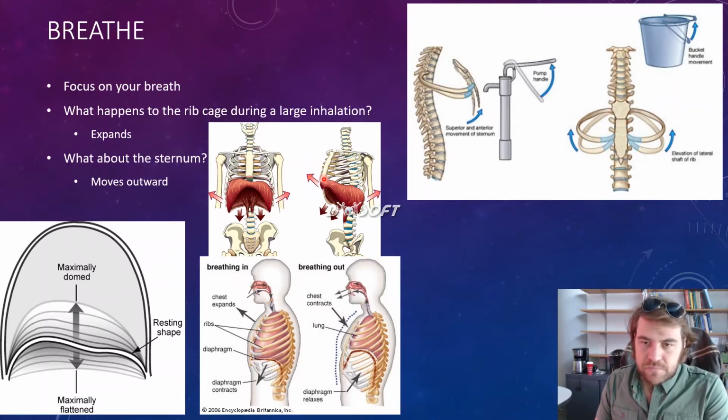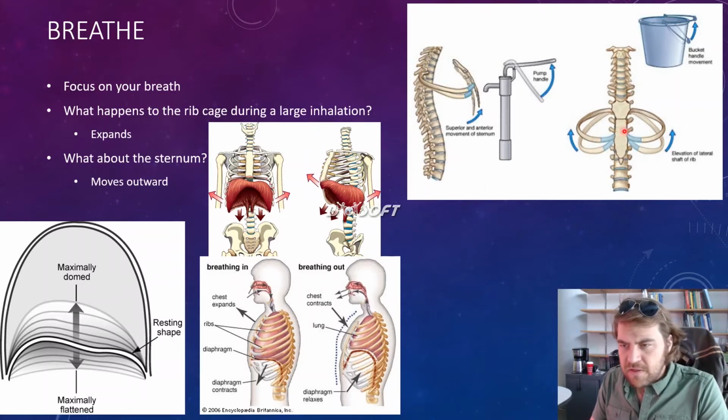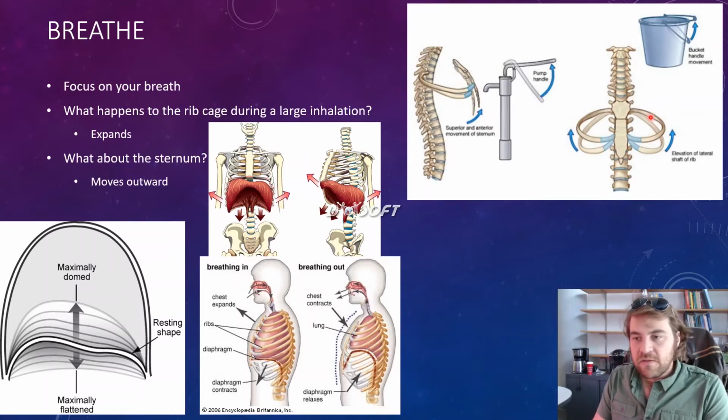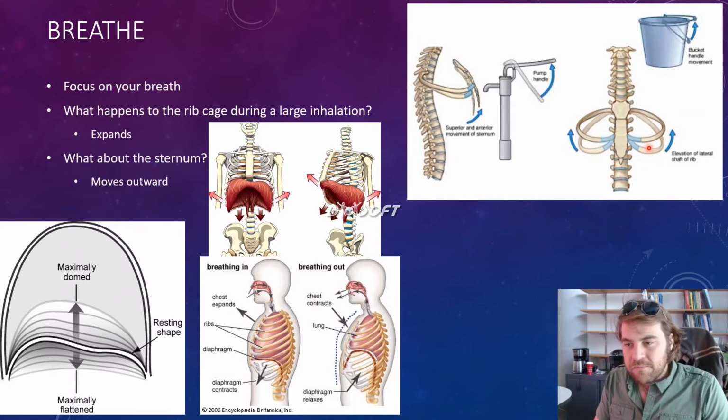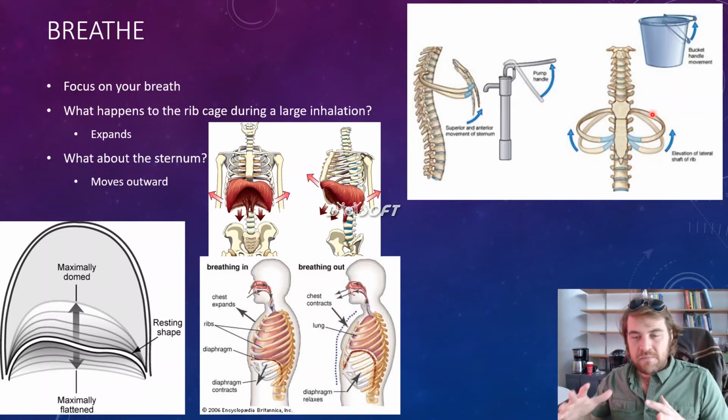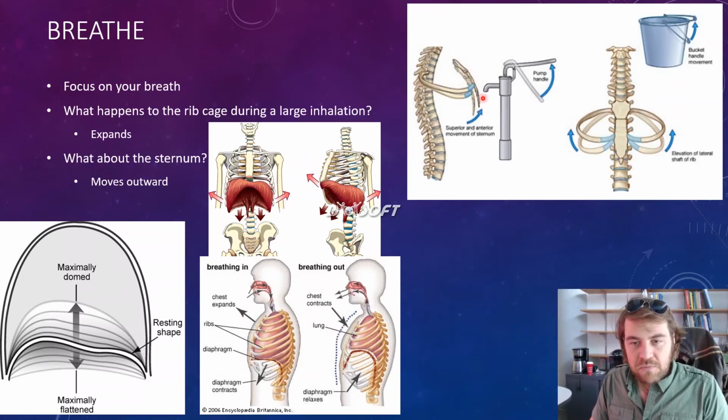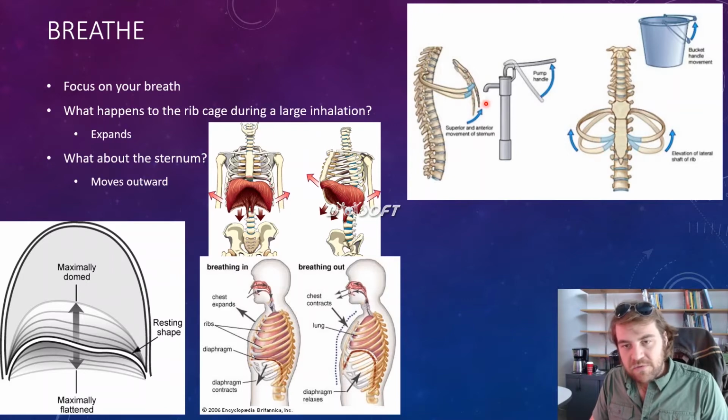Okay. So you can see these are a couple of things that are going on. Like I said, the ribs will go from their normal, hanging down, lazy state, and then they become elevated. That makes more area inside the thoracic cavity. The sternum here also levers outwards.